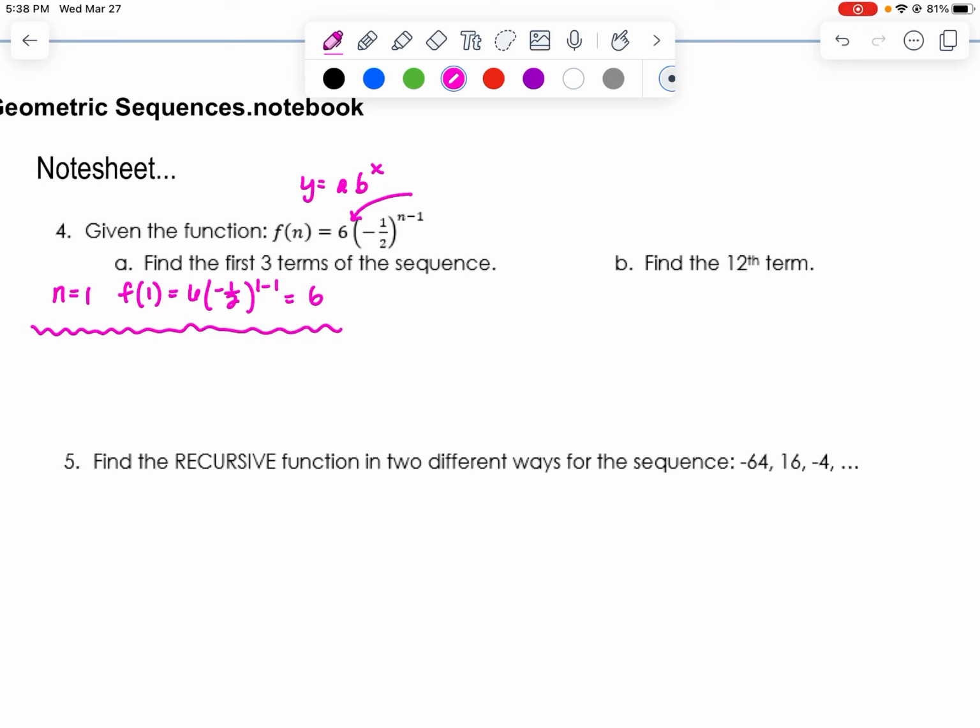All right, so that's when n is 1. So that's the first term. The second term, f of 2, is going to be 6 times negative 1/2 to the 2 minus 1. So again, you can put that into your calculator, or you can do that one in your head. That one's not too tough, and we get negative 3.